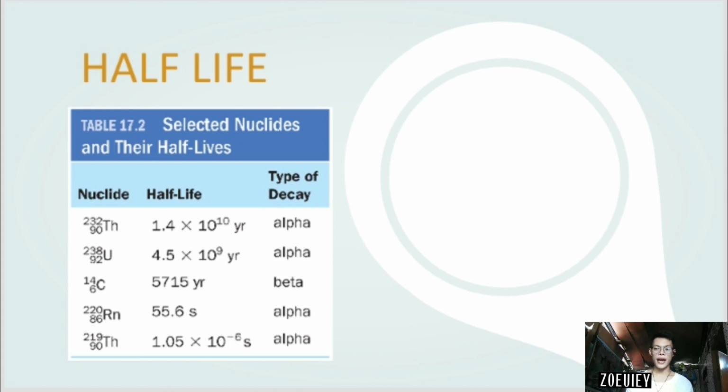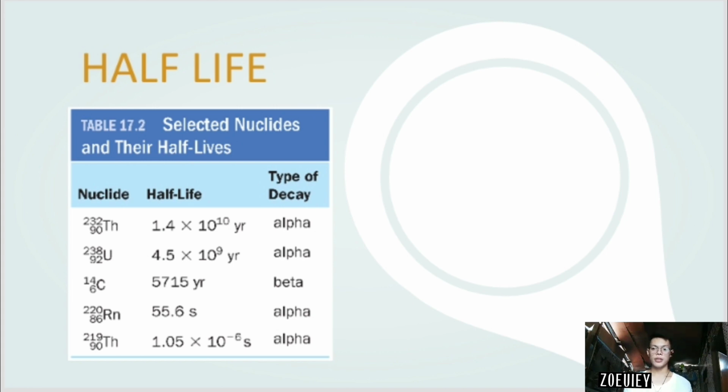So in nuclides, we have 232 nucleons and 90 protons of thorium. The half-life is 1.4 times 10 raised to the power of 10 years, and the type of decay is alpha.